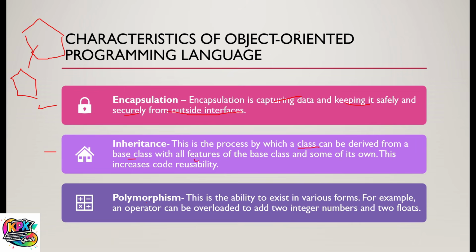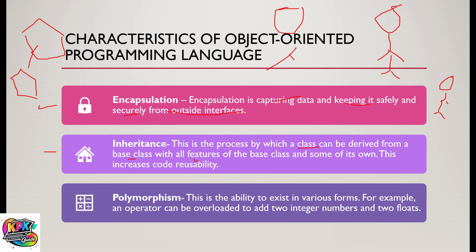Let me give a typical example of polymorphism. Okay, so let's consider a father or a man. A man to a child becomes a father. A man to the wife becomes the husband.